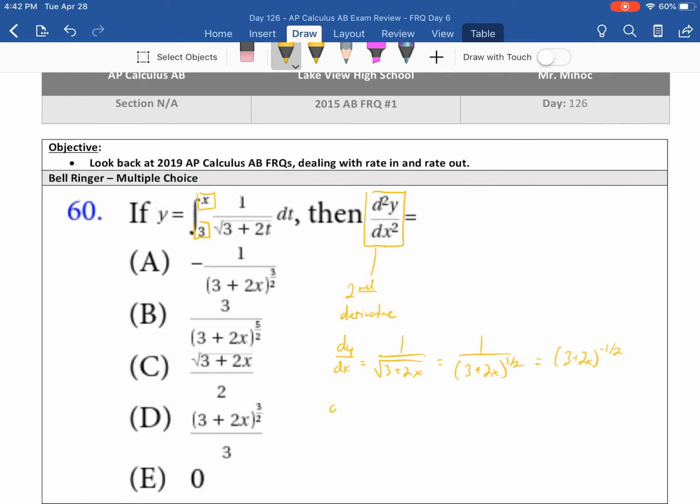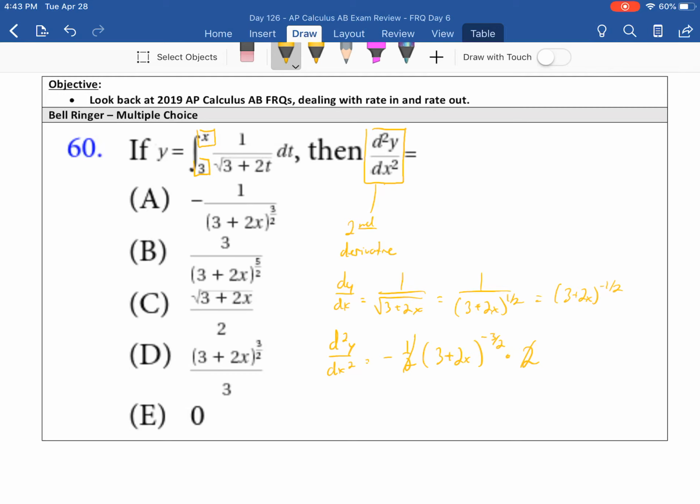Now we can take the derivative of this, which will give us the second derivative. So we use the power rule: negative 1/2, quantity 3 plus 2x, subtract 1 from the exponent, so negative 3/2, multiplied, chain rule people, by the derivative of the inside, which is just 2, since the derivative of 3 plus 2x is just 2. Now it looks like this 2 and this 1/2 cancel out, so we're just left with that negative.